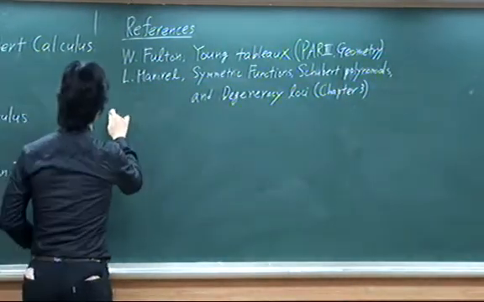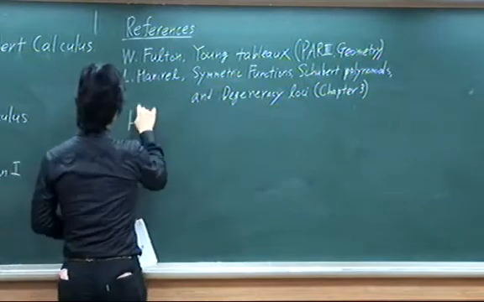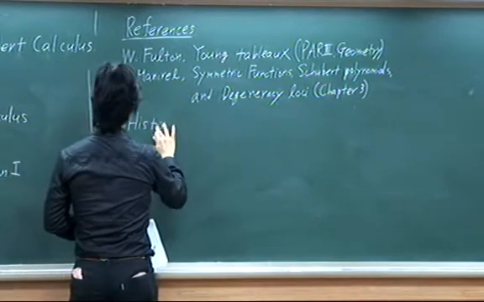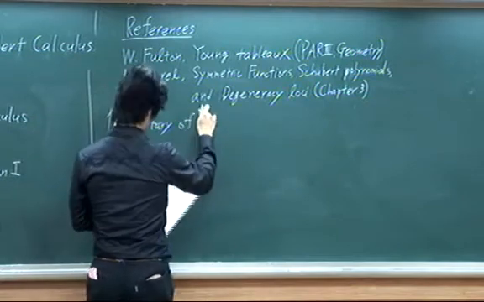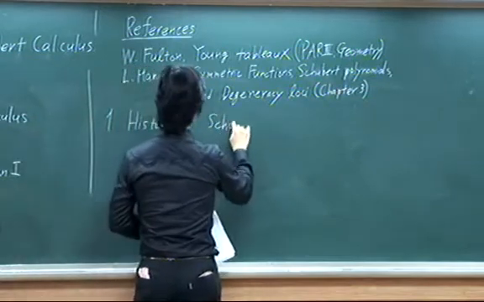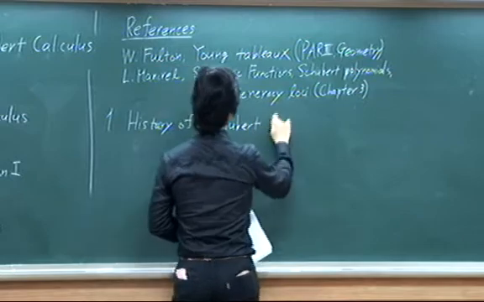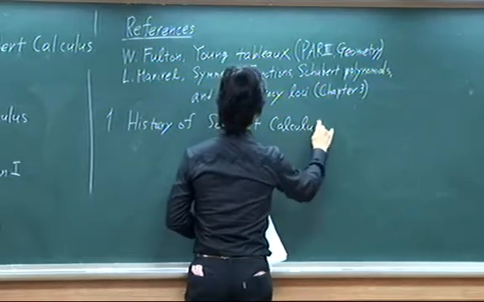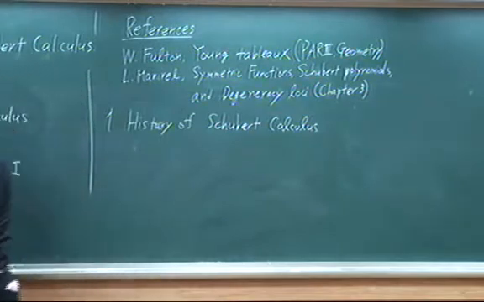So in section 1, history of Schubert calculus. The so-called Schubert calculus has its origin in the work of Hermann Schubert, not Franz Schubert, Hermann Schubert, in his study of enumerative geometry.